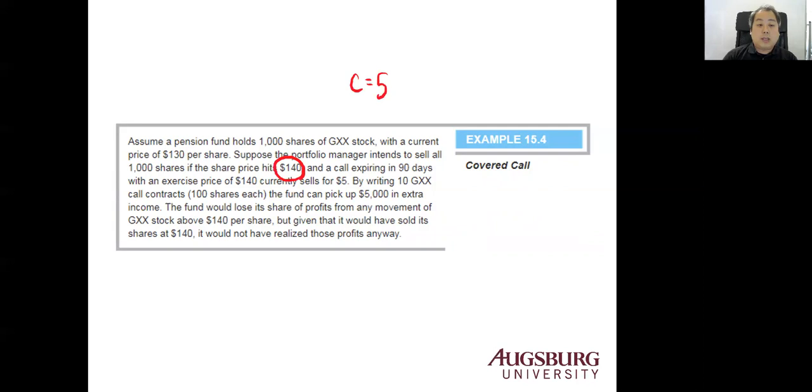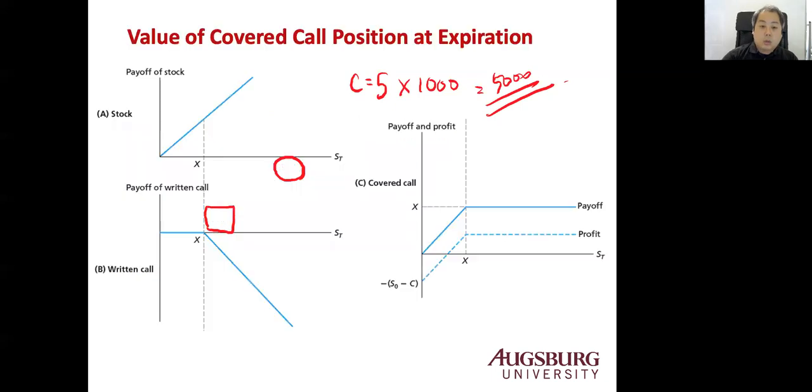By writing 10 GXX contracts of 100 shares each, the fund can pick up $5,000 of extra income, because you have the call premium on 1,000 shares. So $5,000 extra income, right? Because anyway, you are going to sell this stock when the stock price is above $140. They automatically set it: when the stock price hits $140, they are going to sell it.